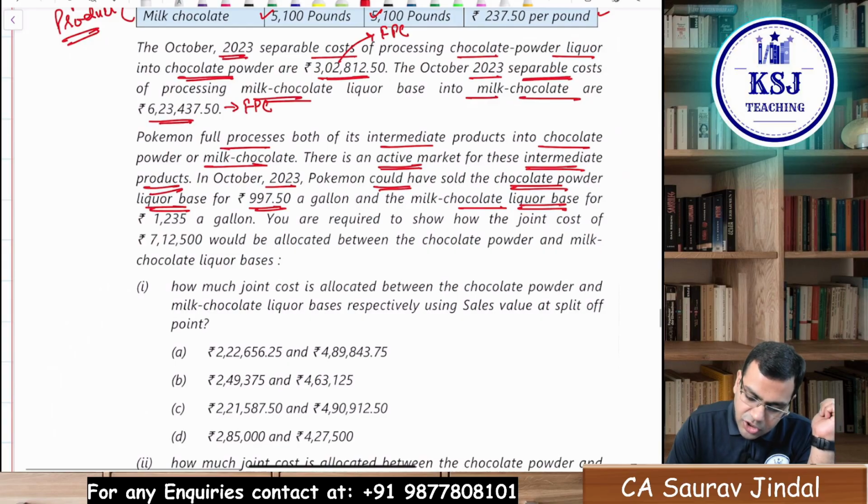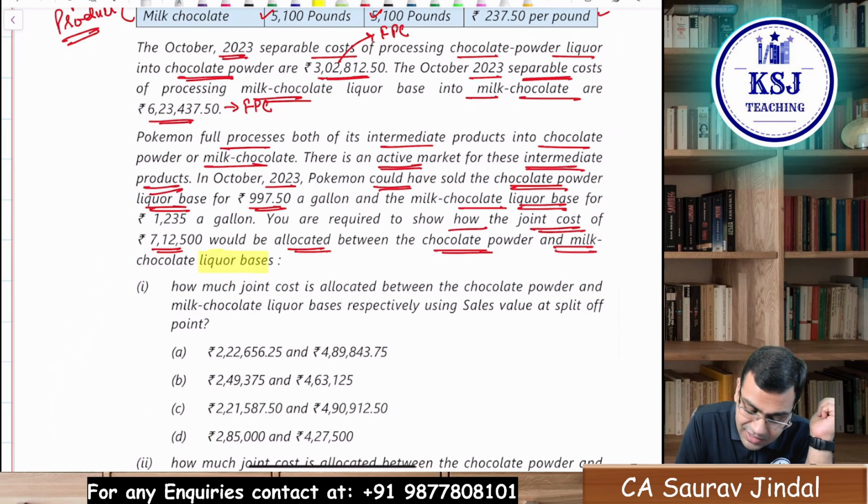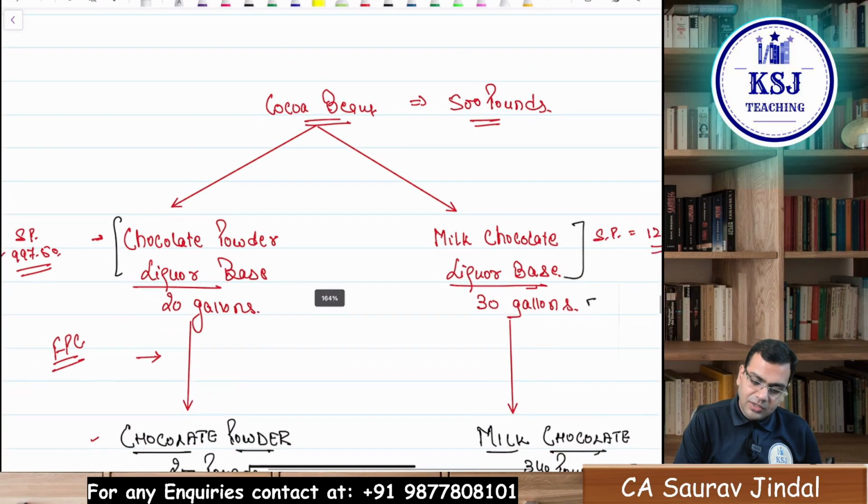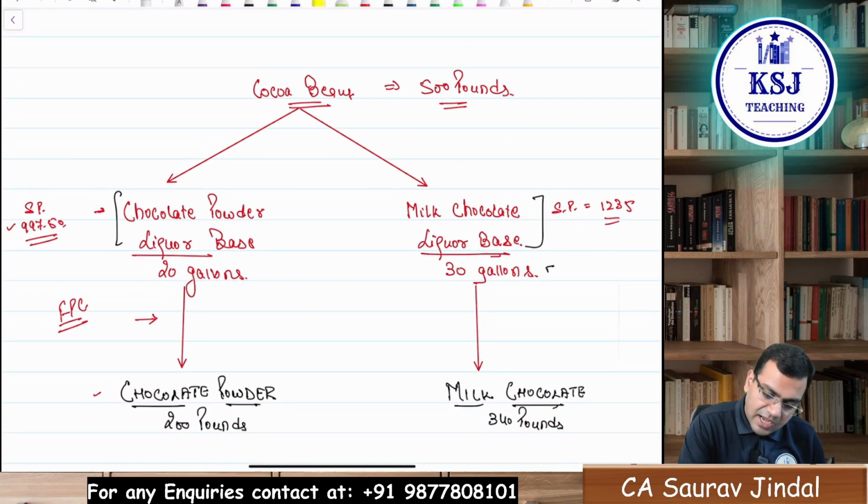Fine, you are required to show how the joint cost of 7,12,500 would be allocated between the chocolate powder and milk chocolate liquor bases. Right? Here you have a joint cost of 7,12,500.